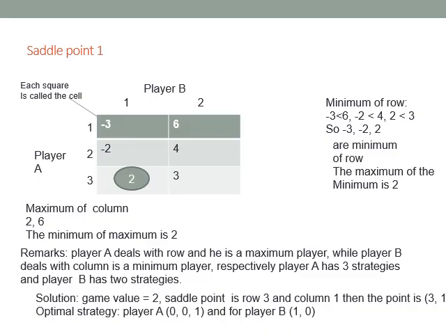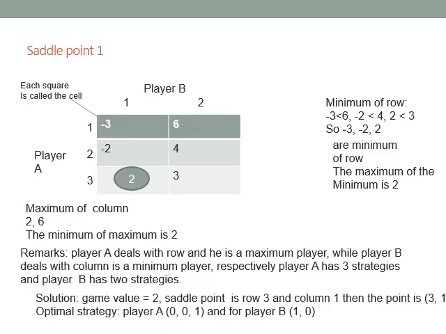There are 2 values, -2 and 4. -2 also is less than 4. The last row has 2 values also, 2 and 3. 2 is less than 3.